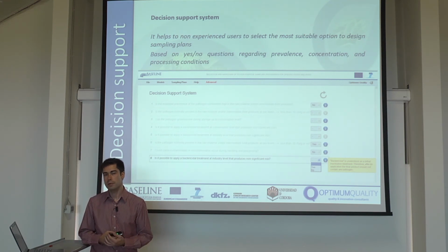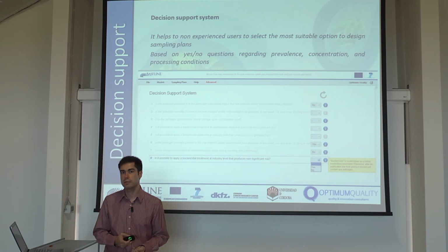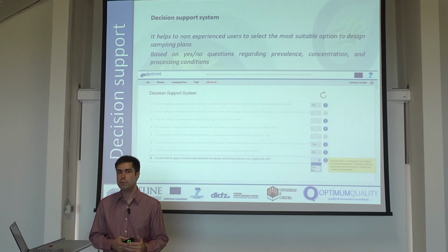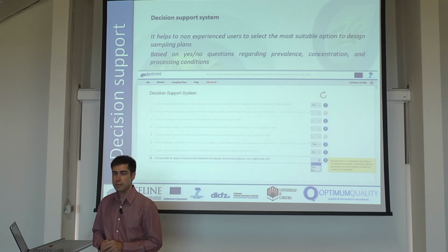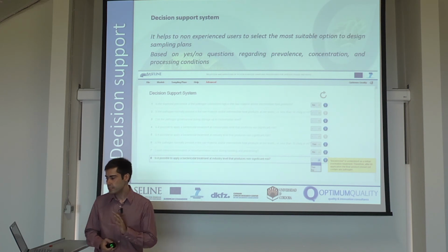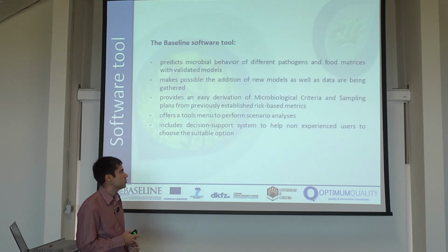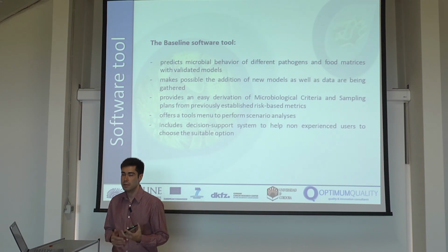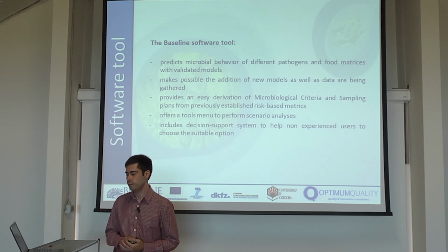If we know beforehand how our microbiological hazard behaves in our food matrix, we can derive the most suitable option to be used in the software by following the different questions from the decision support tool. For this case, this decision support is mainly oriented to non-experienced users. These are only some of the main features of the software, but there are many more of them.